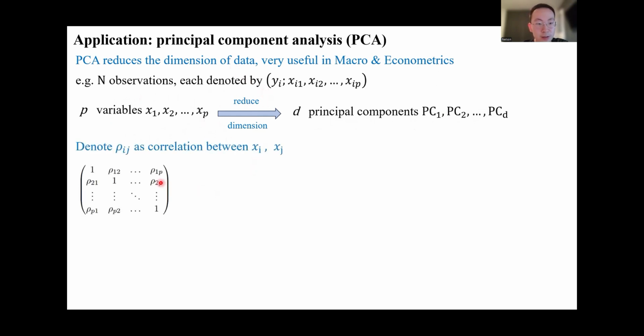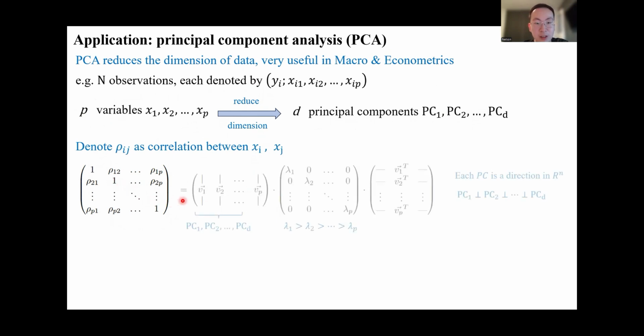The trick here is that we apply the spectral theorem to the correlation matrix of these p variables. Because of the nature of the correlation matrix, it is diagonal. No, it's symmetric. So we can safely use the spectral theorem. Here, when we write these eigenvalues in decreasing order, we can pick the first d eigenvectors as the directions of these principal components.